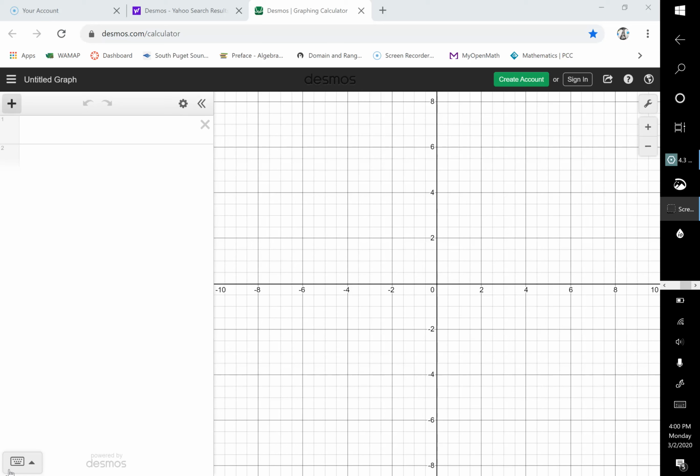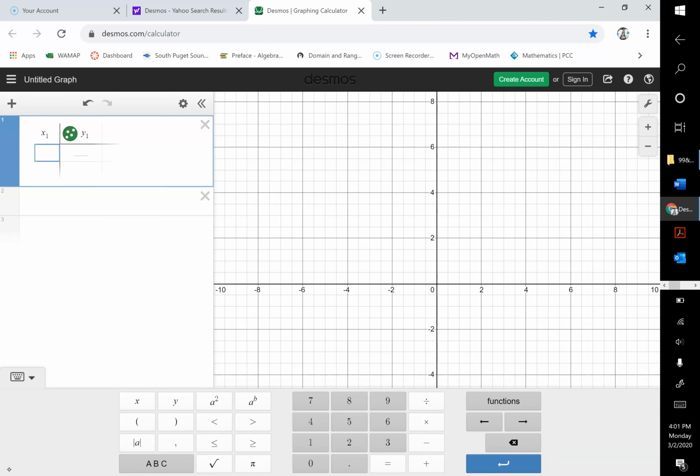We have to hit the plus symbol here to add a table. This is how you would put all the different kinds of things in here. So click table, and then you're going to just write right across. I'm going to pull up this little tablet. Down in the corner there, you can see my little video recorder thing probably too.